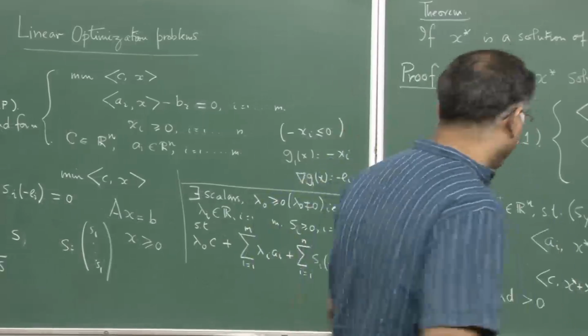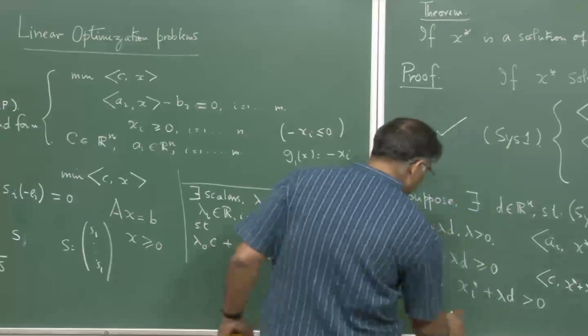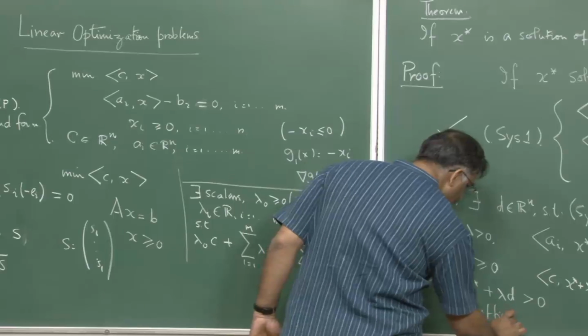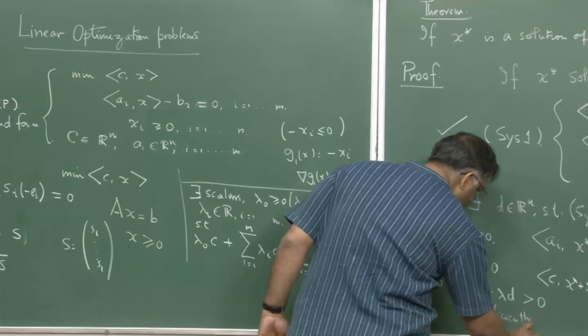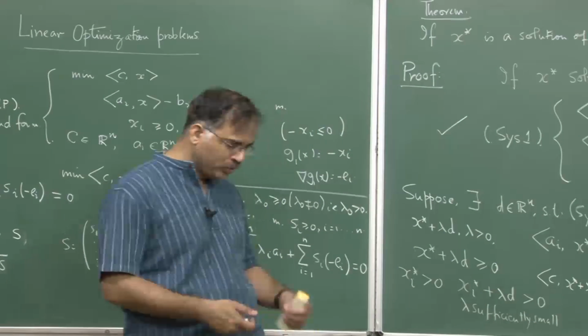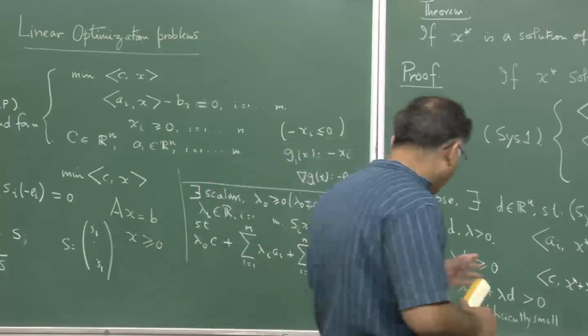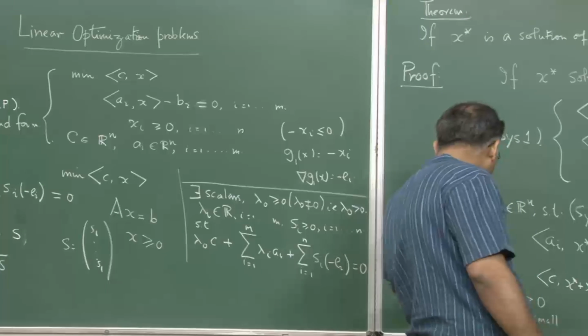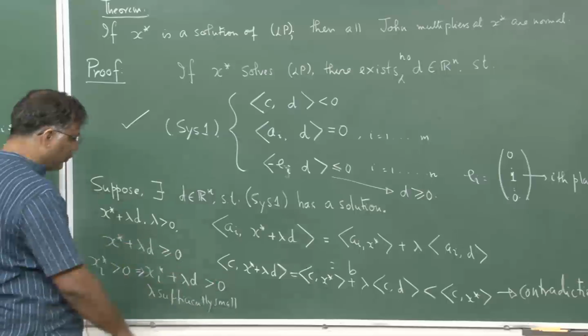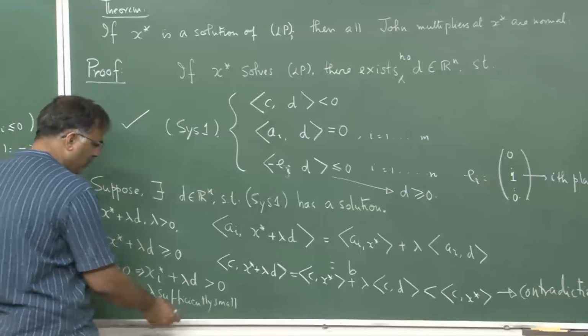It will always hold for lambda sufficiently small. So, by controlling my lambda, whenever xi star is strictly greater than 0, it will always imply this by choosing lambda sufficiently small, lambda greater than 0.